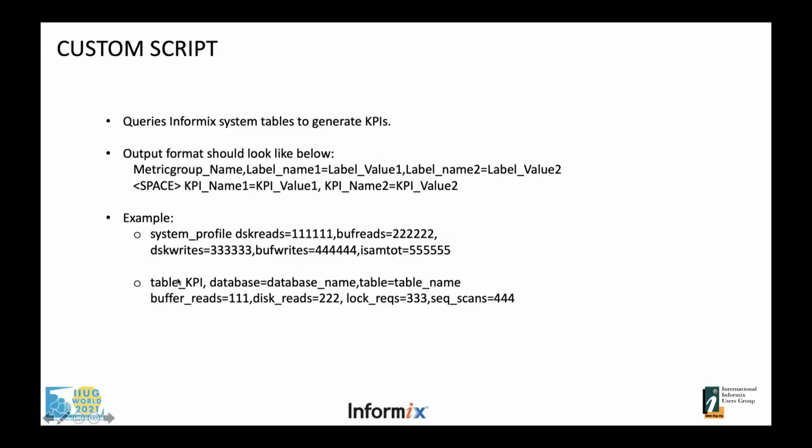And for example, for a particular table, if you need to generate these metrics, then the output should look like table underscore KPI, and then database equal to the database name, and table equal to the table name, and then the buffer reads, disk reads, lock requests, sequential scans. Due to confidentiality, I could not put the exact data on these slides, but this is how the output format of the custom script should look.